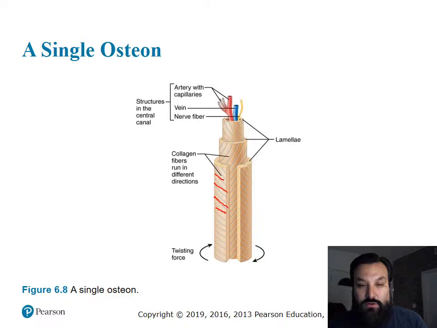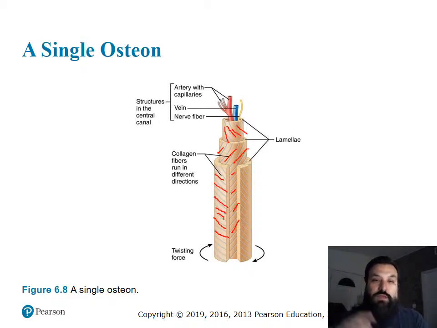Notice the lines run one way on the external ring, and you can see this one running a different direction than the outside ring. And then again, you see a different direction in this one. So different directions, one running one way, one running the other way, and that helps to strengthen this pillar, if you will, this laminae, and the bone overall.